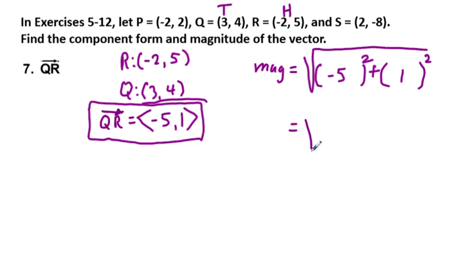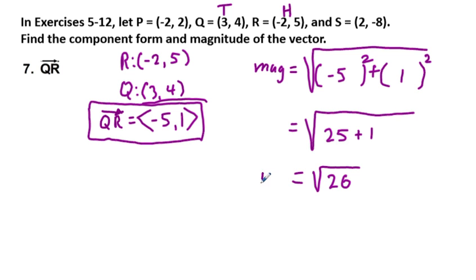And so -5 squared, -5 times -5 is 25. 1 squared is 1. So we're going to equal the square root of 25 plus 1, 26. That is our magnitude. So there we have it.